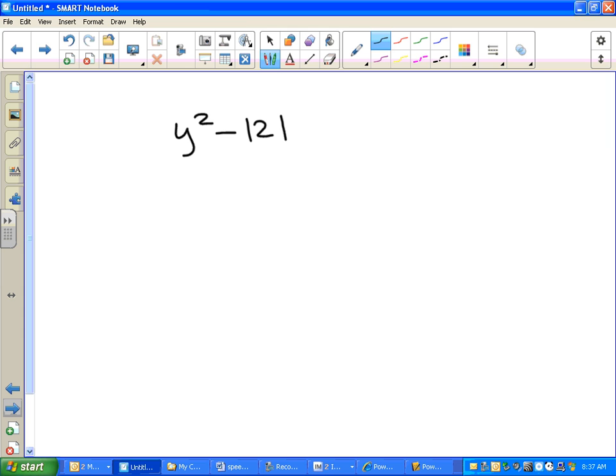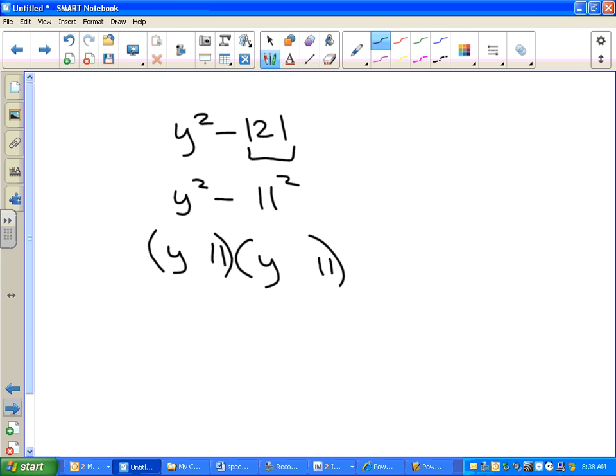So what's the first step? What do I do with this term right here? What 2 numbers make 121? What is it? 11. 11 times 11. So really, this is y squared minus 11 times 11, or 11 squared. Yeah, go ahead. So I'm going to drop my y's in, drop the 11's in, and so I end up with y minus 11 and y plus 11.